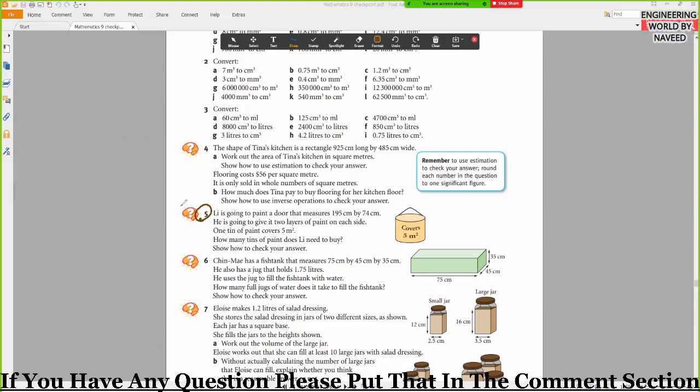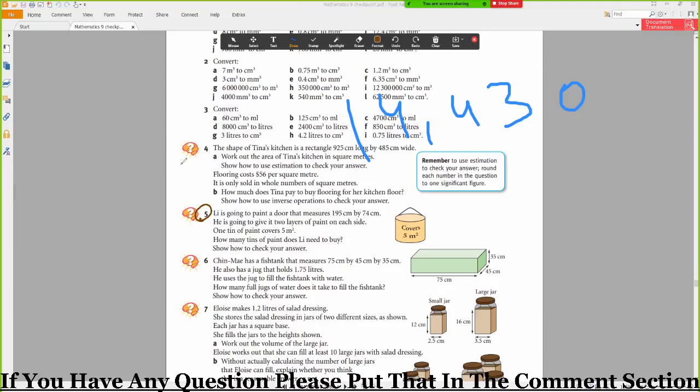Question number 5. 195 times 74, right? Yes. 14,430. This will be the area. Okay, so he is going to give it 2 layers of paint on each side.